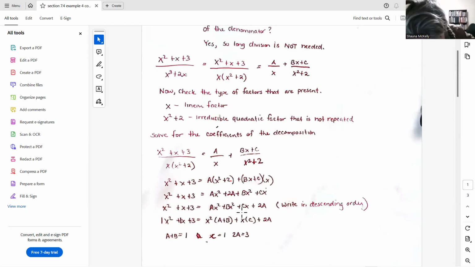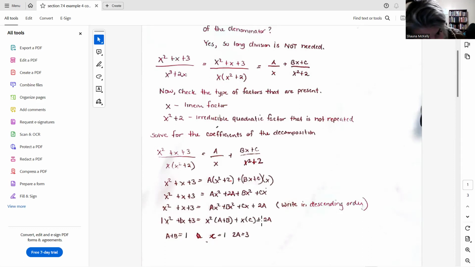So what I did was I grouped these terms in descending order: ax squared plus bx squared plus cx plus 2a, okay? And what we're doing is factoring out the common factor by the powers of the variable. So x squared times a plus b, plus x times c plus 2a.